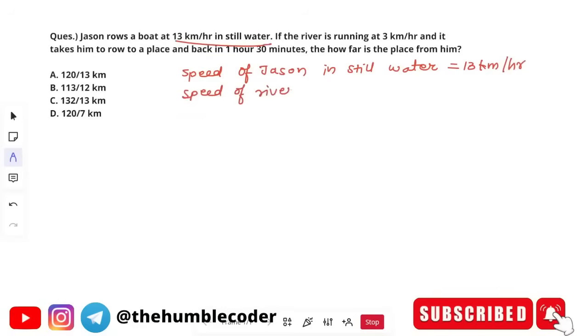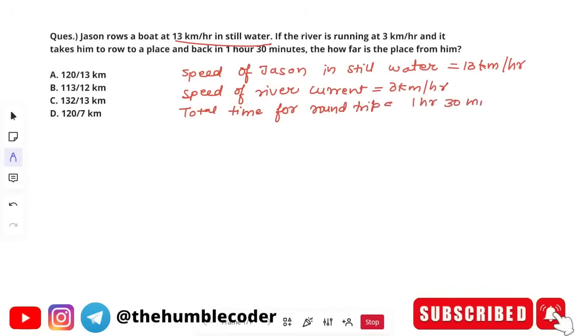The current speed of the river is 3 kilometers per hour. The total time for the round trip is given in the third sentence: 1 hour and 30 minutes. These are the three pieces of data given to us, and we need to find how far the place is from him.